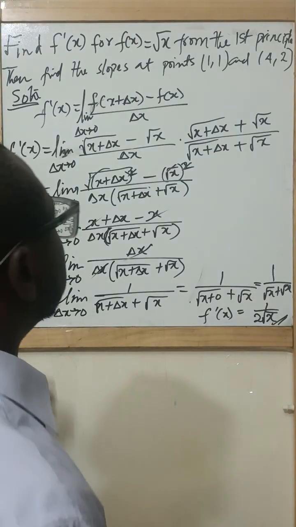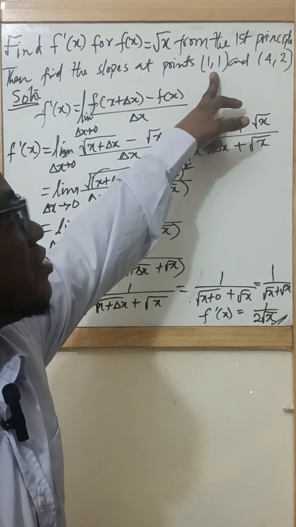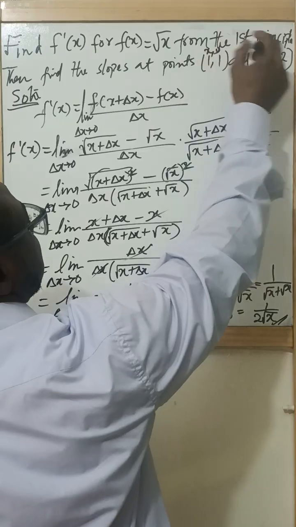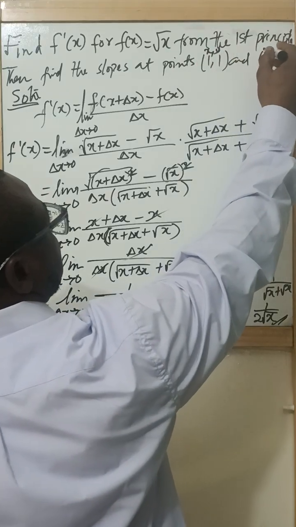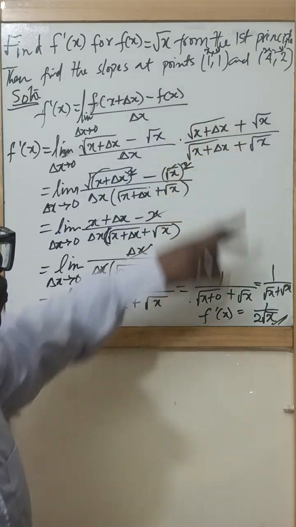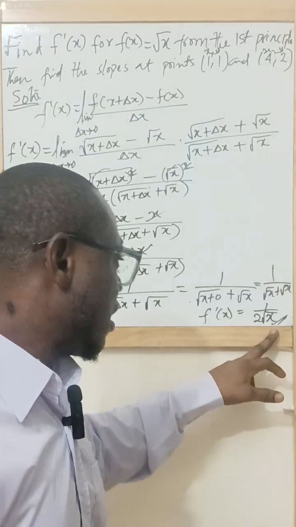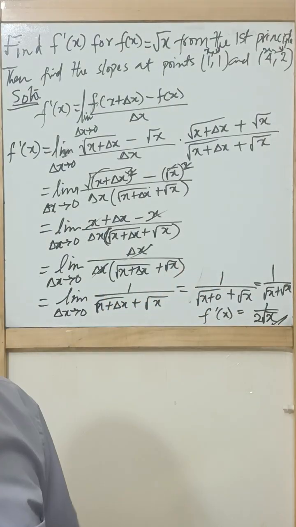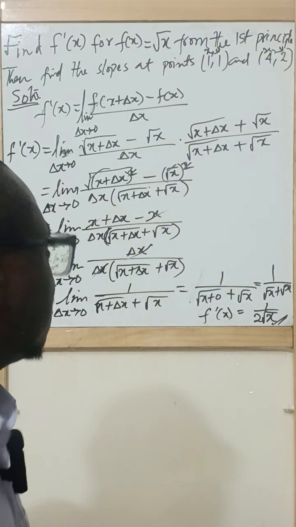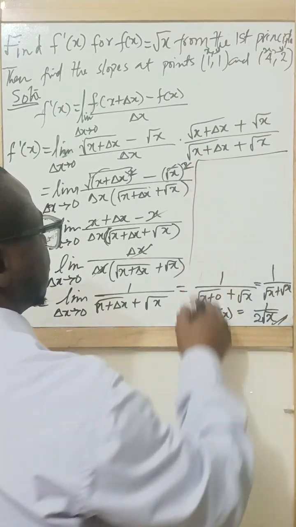Now it's time to look for the slopes at this point and at this point. This is the x coordinate, this is the y coordinate. We'll just introduce this x into this function and we're going to get the value of that slope, because we know dy/dx is the slope of a tangent at a point on a curve.